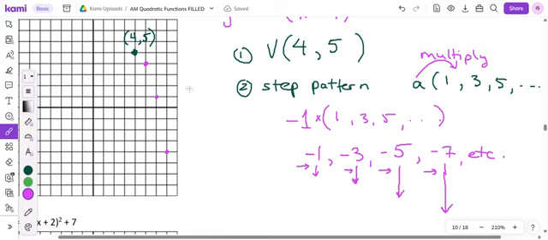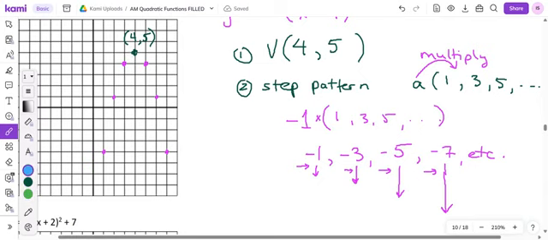Because a parabola is symmetrical, I can now reflect those points over the axis of symmetry. So one across, one down, one across, 3 down, and one across, 5 down. And now, check this out: 1, 2, 3, 4, 5, 6, 7 points. This, my friends, is a graph.